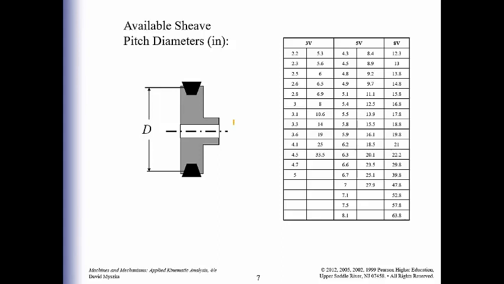Now this little diagram here is basically your available sheave pitch diameters. Once again, the pitch diameter is a certain value related back to the size of your pulley, but for 3V, 5V, and 8V in inches, we have these pitch diameters readily available.